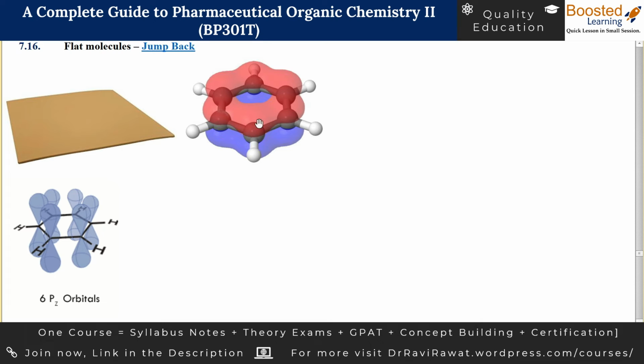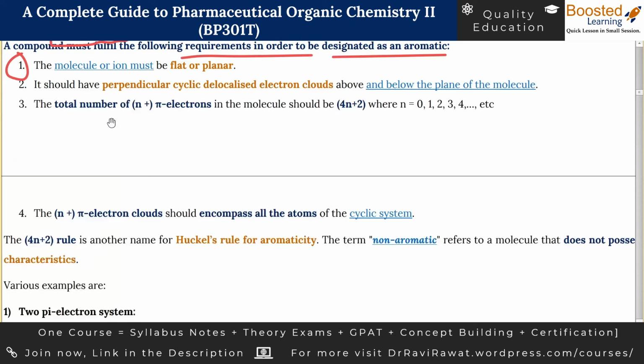You can see the molecule from the side and it looks planar, like a sheet of cardboard or like the surface of a table, that it looks flat when you see it from the side view. So this property should be there, that the molecule should be flat. Like our benzene molecule is flat. This is criterion number 1.